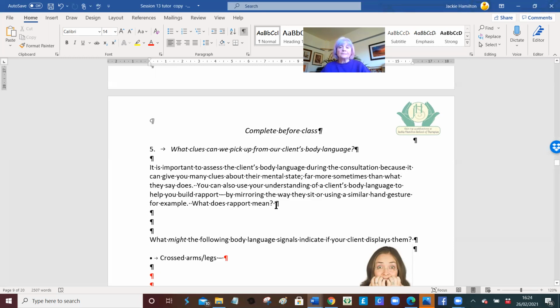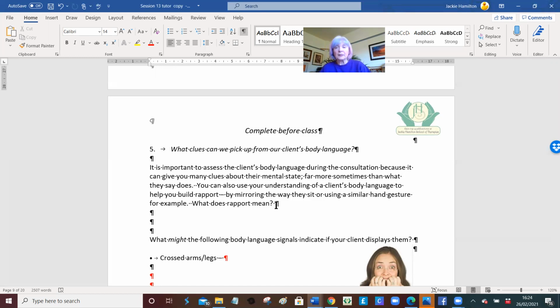So one of the things that you can do with your client is mirror the way they sit, and this helps to build up a rapport. Don't make it too obvious though, otherwise it becomes like you're doing some sort of mirror routine. But not if they are slumped.